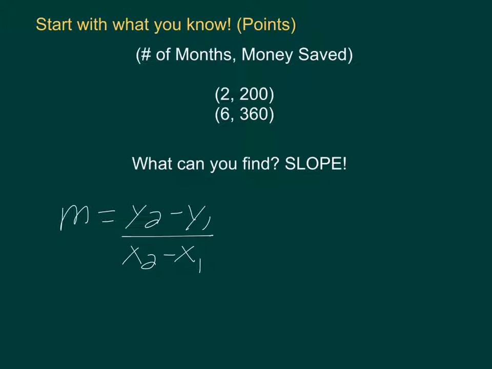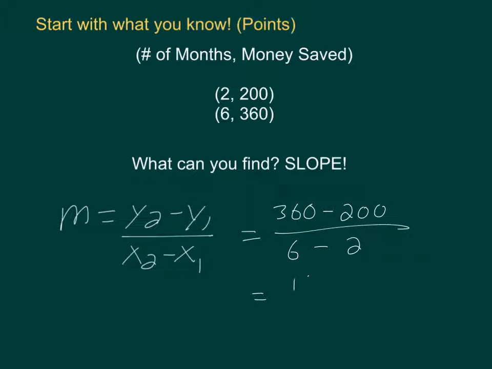Now, it doesn't matter which ordered pairs I use as my 1s and my 2s as long as I'm consistent. So I'll start with my bottom point as my 2s here. So I'm going to have y2 is 360 minus y1 is 200 over x2 is 6 minus x1 is 2.